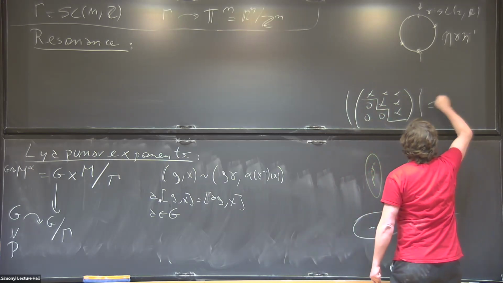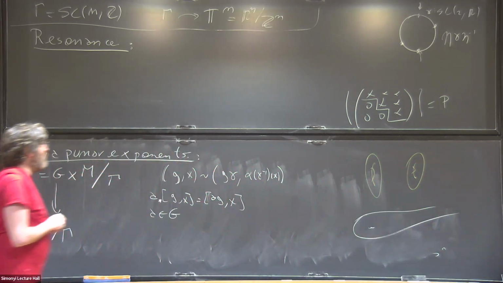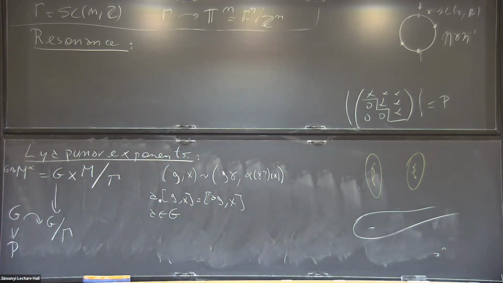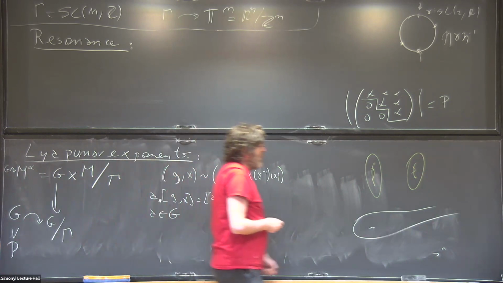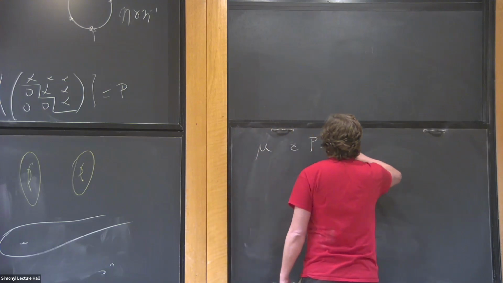So this is P, essentially the largest amenable subgroup of G, and so we have a P invariant measure. So there you are, your starting guy, the new P invariant measure.